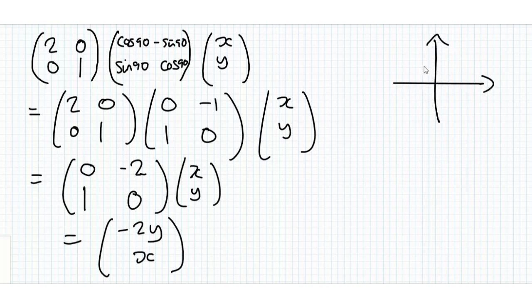So you can see, by rotating whatever graph we have, which could be anything, something like this, by rotating this, terrible drawing, 90 degrees, and then scaling it in the x direction by 2, any x coordinate, say this point has coordinate x, well, that goes to -2y.